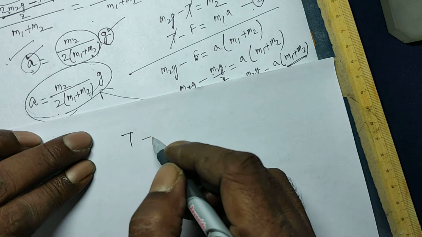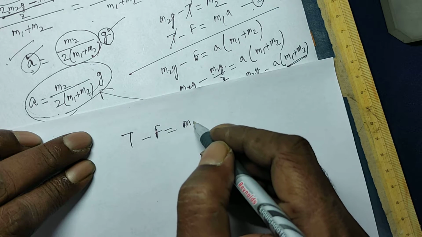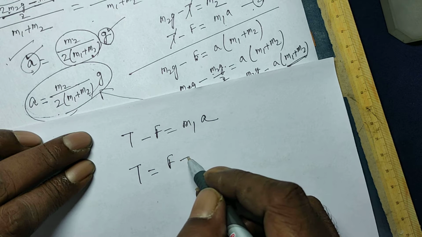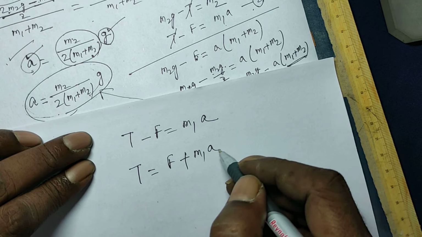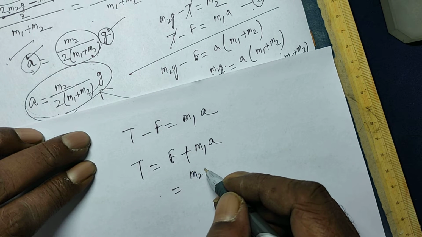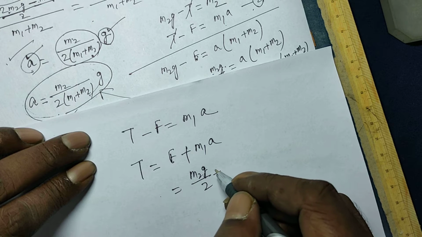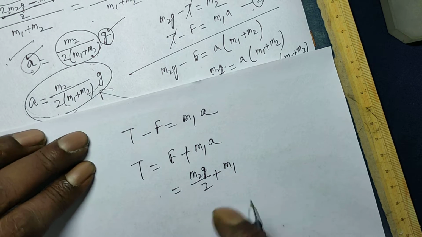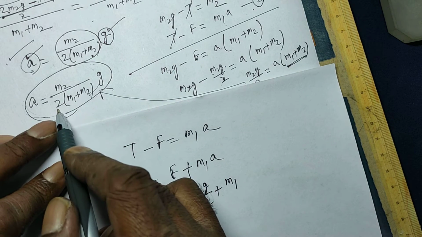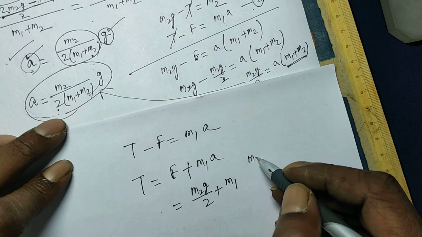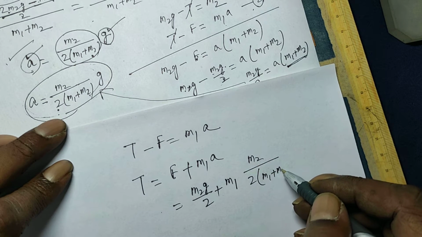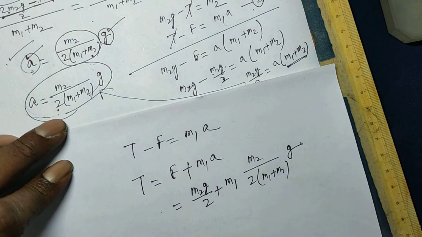That is T minus F is equal to M1 times A. So T is equal to F comes to this side, becomes positive, plus M1 times A, and F is given as M2G over 2, plus M1 times A. A we calculated here, M2 over 2 times M1 plus M2 times G.